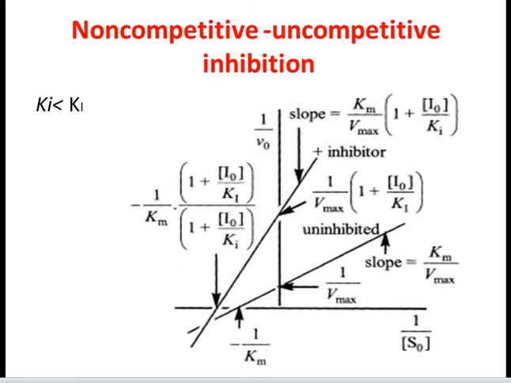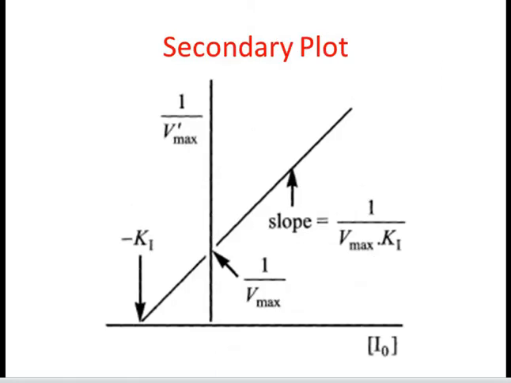In either case, K_i and K_I can be determined using secondary plots for mixed inhibition. For mixed inhibition, 1/V'_max is equal to 1/V_max times (1 + [I0]/K_I), and the slope for the inhibited reaction is equal to the slope for the uninhibited reaction times (1 + [I0]/K_i).